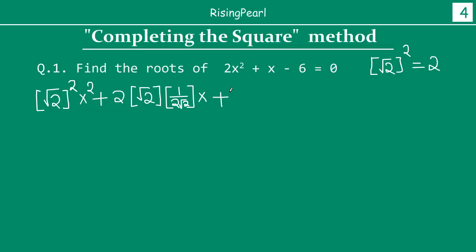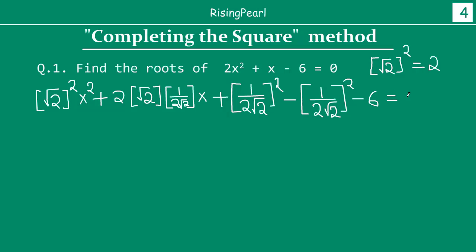So now we have to add plus q square. The q is now 1 by 2 square root 2, as seen here, so it will be this whole square. Now because we added this, we have to subtract this, 1 by 2 square root 2 whole square, minus 6 equal to 0.